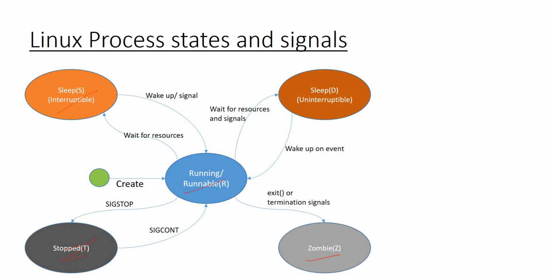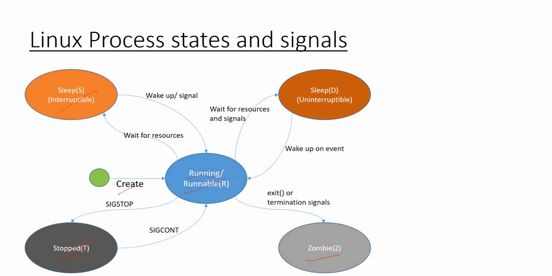So let's start with running or runnable state. When a process is created, first of all, it will be in running or runnable state. In this state, the process will occupy some of the CPU cycles so that the execution of the process by the CPU will be done. So in running state, the process is actually being executed.